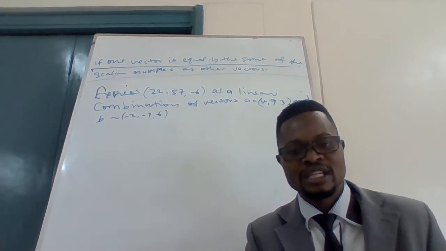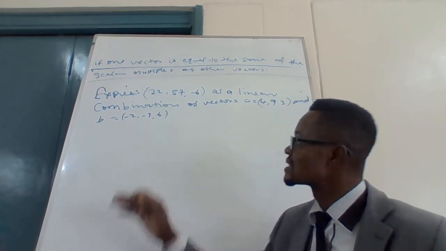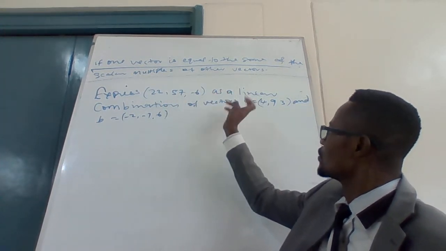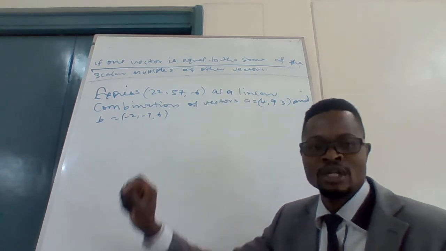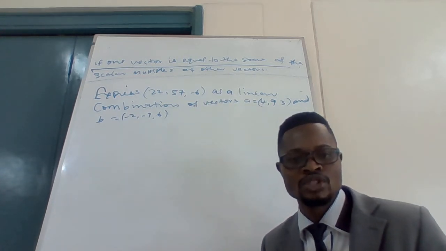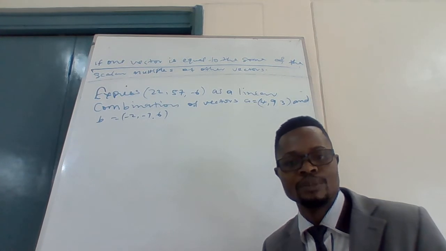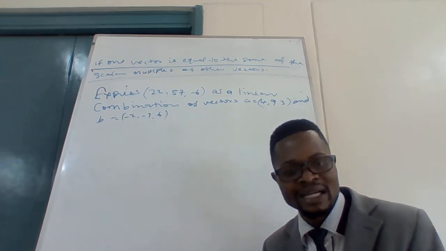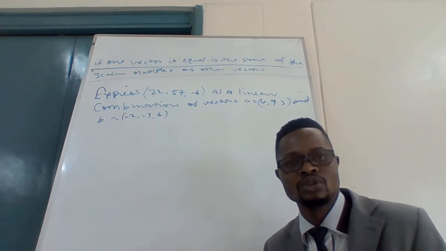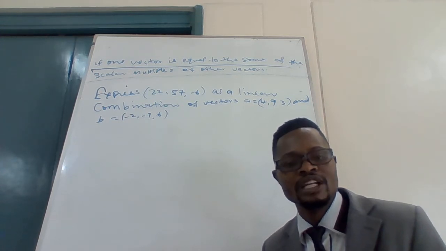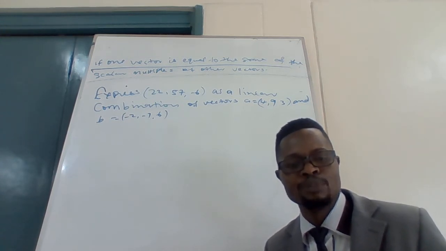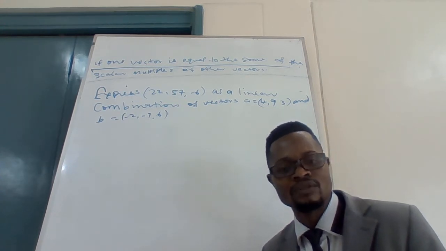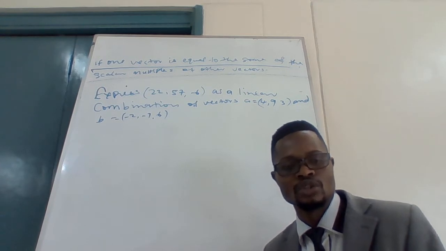Our question is saying that we express these values as a linear combination of vector A and vector B. So we are going to introduce what we call an arbitrary element. It could be pi, alpha, theta, or any of those Greek letters that will help you express that the value you were given is in linear combination with those vectors.